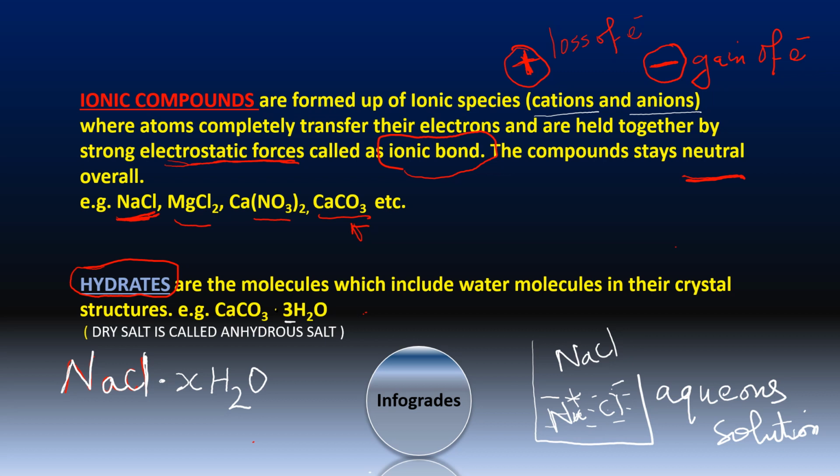But hydrates are where the water moisture content has been absorbed by the salt, right? So the hydrates are the molecules which include water molecules in their crystal structure. All right. So let's go deeper into how we study and write the names and the formulas of the ionic compounds and their hydrates.